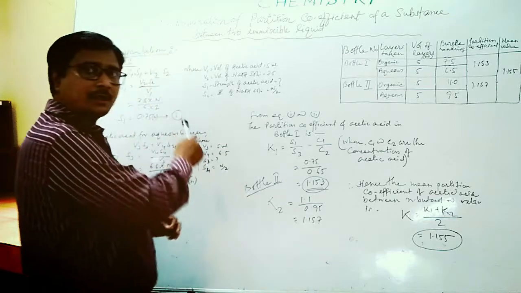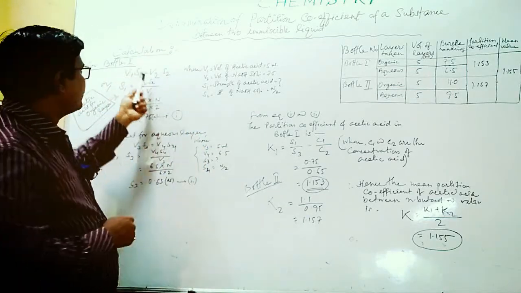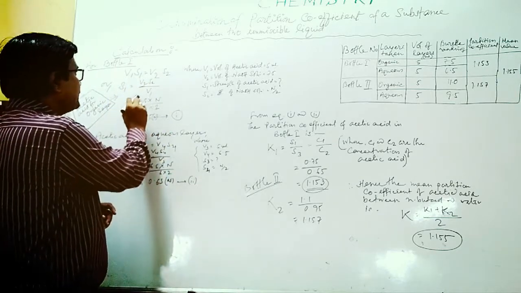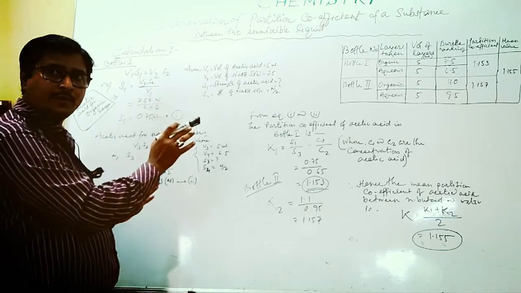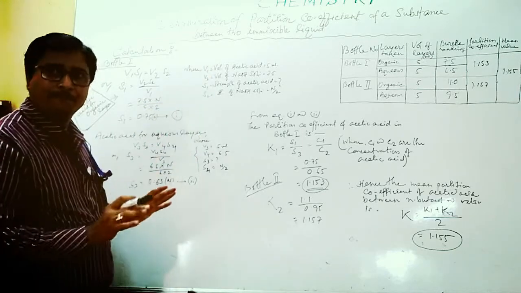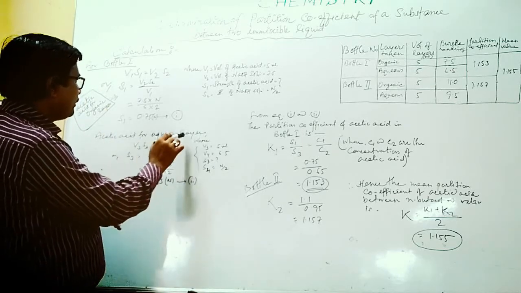Now the same calculation you have to do again for bottle 2. Everything is exactly the same, the only difference is the burette reading. This will be different. Other things like strength of NaOH and volume of acetic acid are the same. Now it is for the organic layer and the aqueous layer.